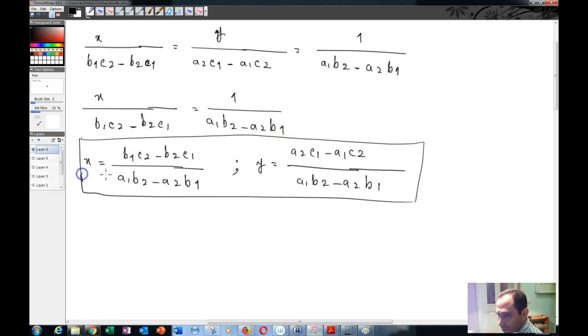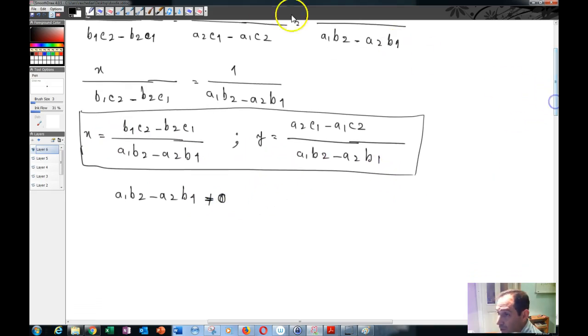Now you cannot use these two relationships if a1b2 minus a2b1, which is the denominator here, is equal to 0. If it's not equal to 0, of course you can use it.